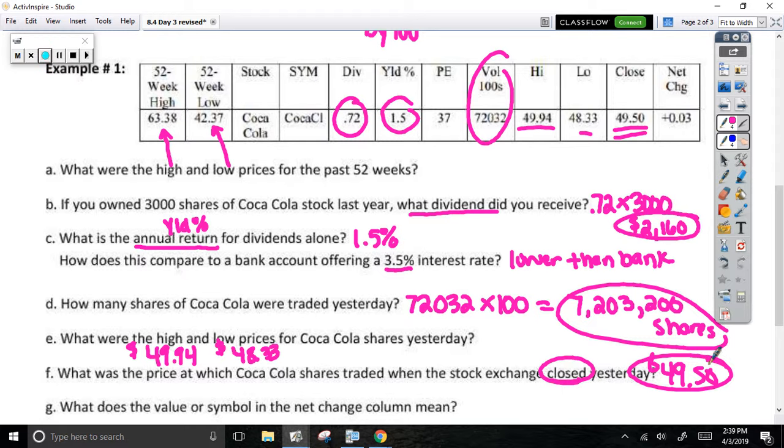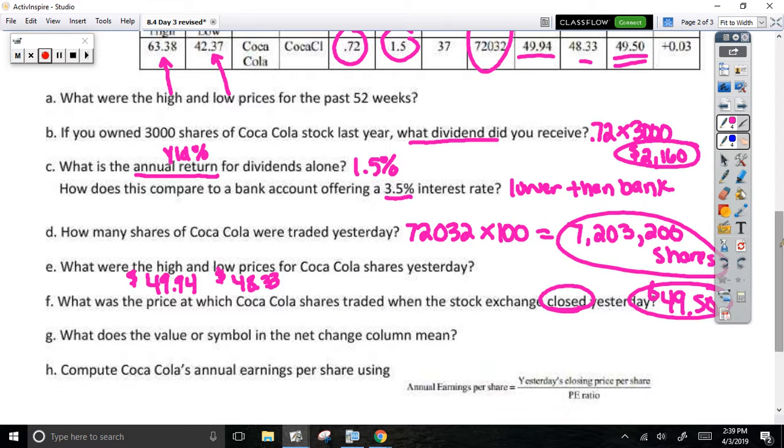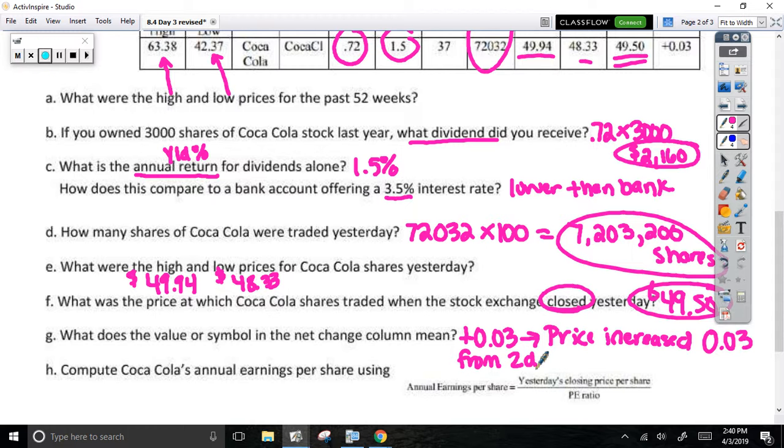And what does the value or symbol mean in the net change column? The net change column has a plus 0.03. So that means that the price increased 3 cents from 2 days ago until yesterday.